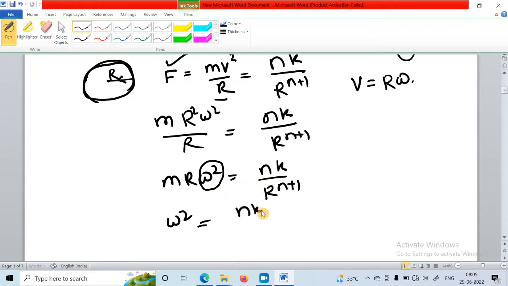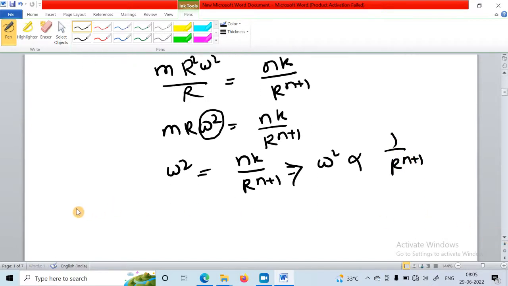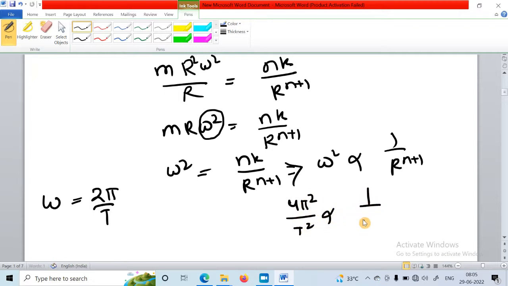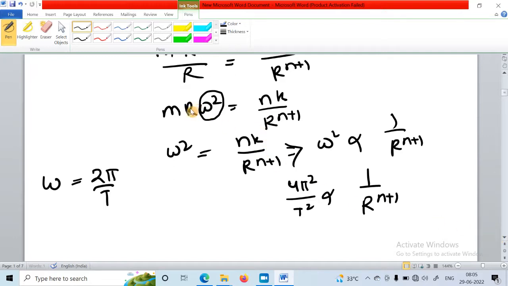We know n and k are both constants, so omega square is proportional to 1 by R to the power n plus 2. Omega is actually 2 pi by T, so we can write 4 pi square by T square proportional to 1 over R to the power n plus 2.